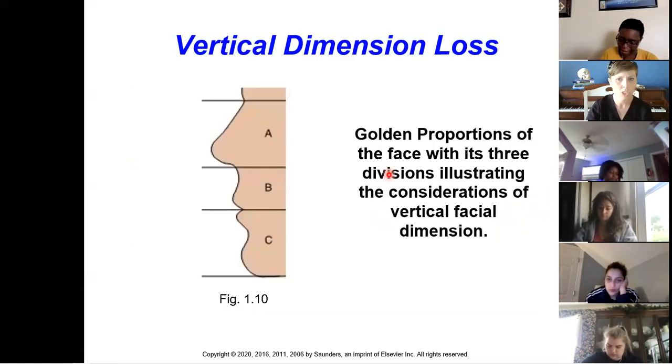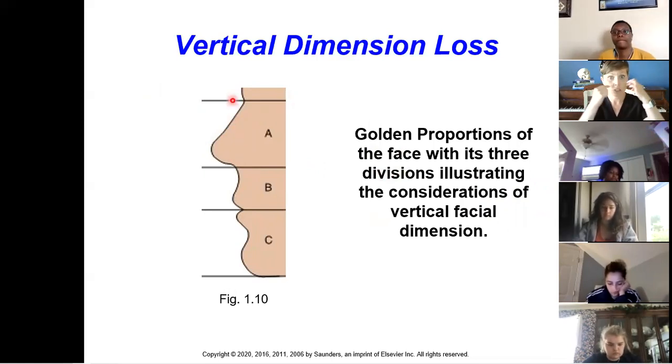Yeah, so your golden proportions, it's 3 divisions. You have the A, which is from your eyes to right under your nose, and then you have your maxilla, and then you have your mandible. So imagine if you lost the size of the teeth. When we're drawing teeth, most of them are like 6-7 millimeters long, right? Like the crowns.